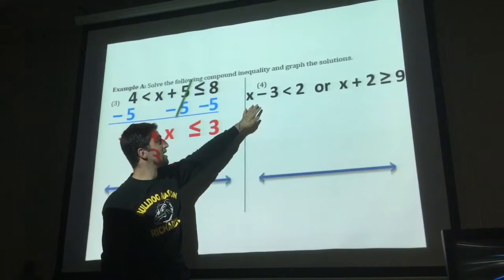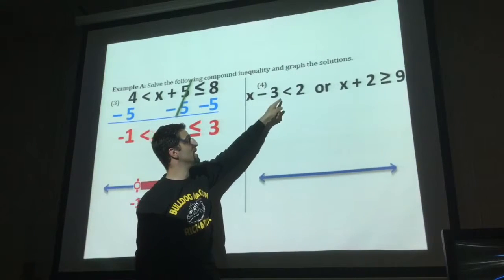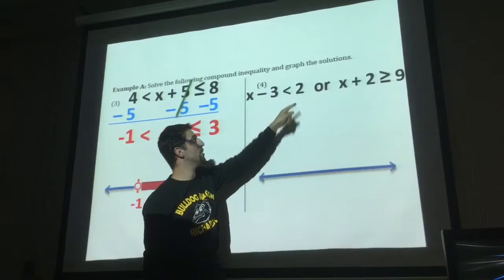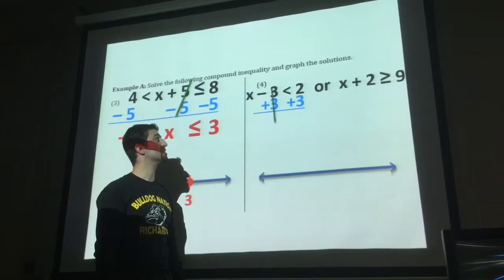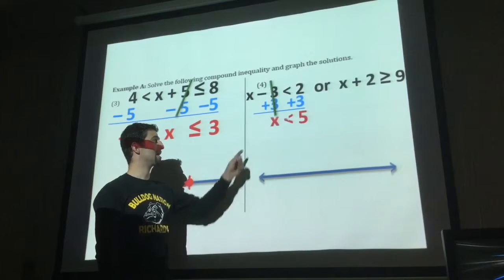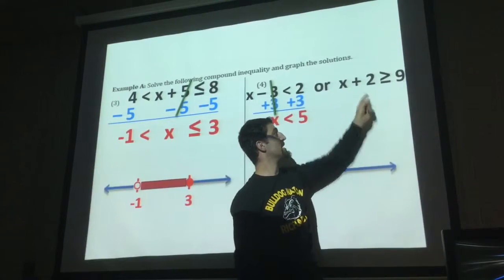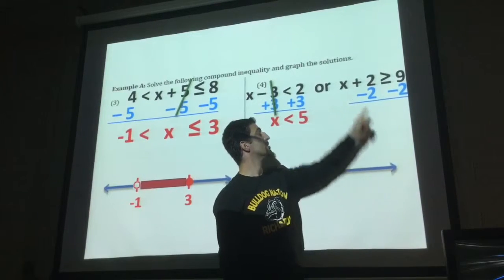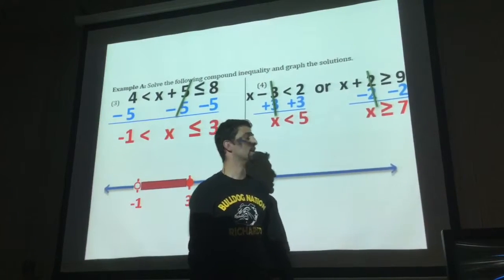This one right here is a one-stepper: x minus 3 is less than 2. So we add 3 to both sides. The 3's cancel, and you get x is less than 5. Over here, we have to subtract 2 from both sides. That cancels, and you get x is greater than or equal to 7.